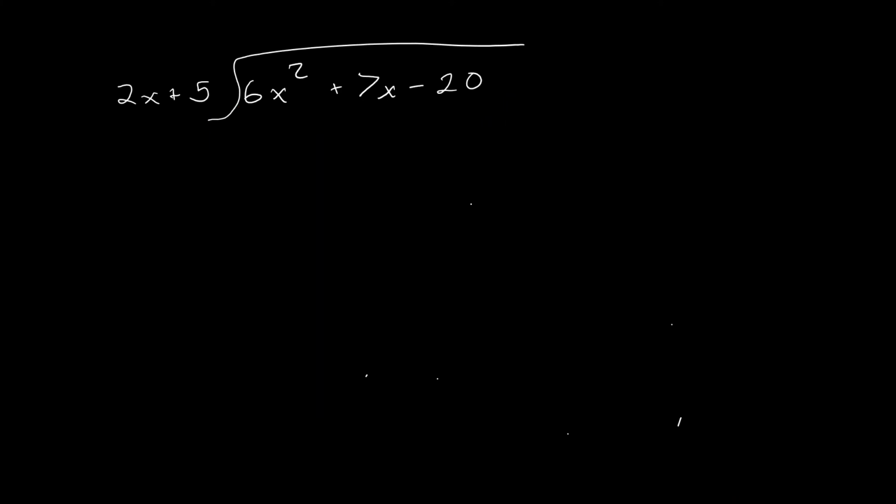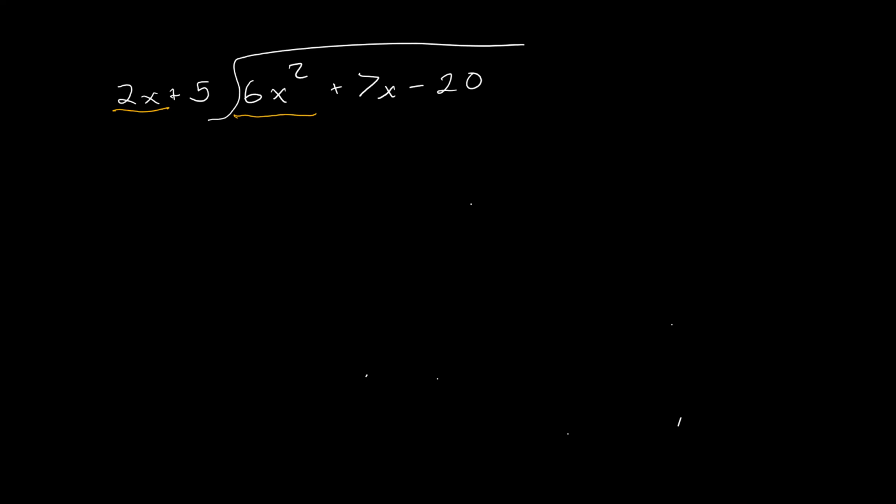So our first concern is what can we do here? How can we figure out what times 2x plus 5 will let us subtract 6x squared? So in this problem, we know we have a 2x right here and we want a 6x squared.